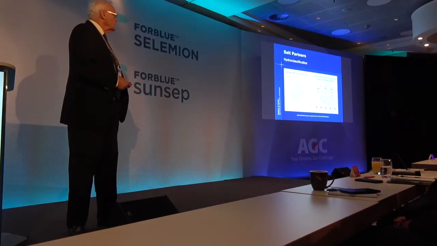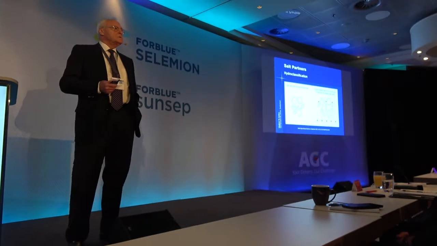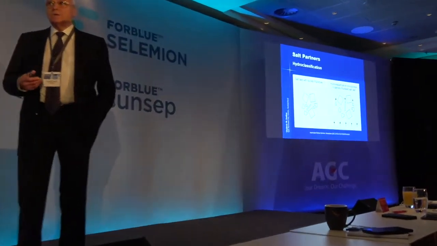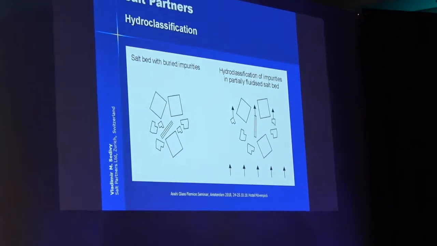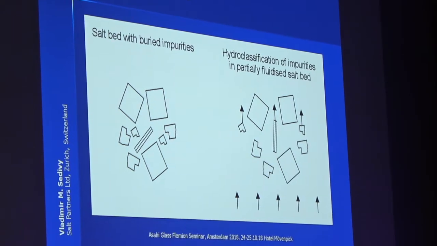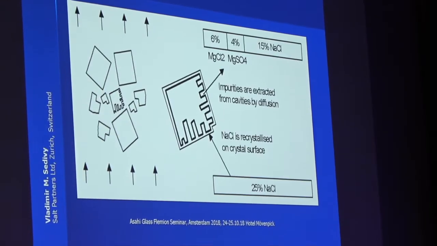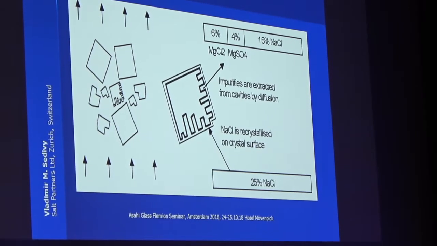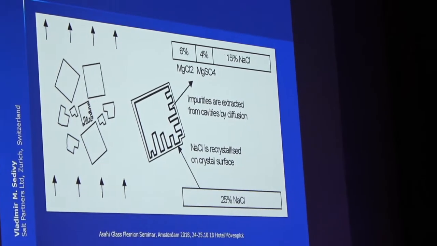The next one is hydroclassification. This is the same process as you have in a sand filter when you are washing the filter with upflow, and that can separate the impurities by sizes. The final operation is hydroextraction. The salt is usually not a monocrystal.